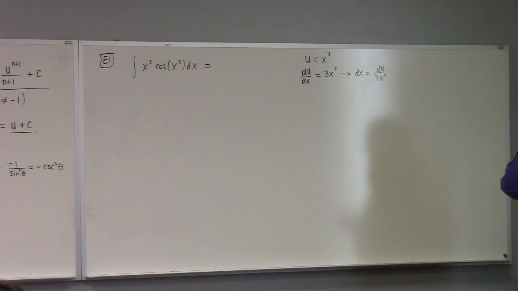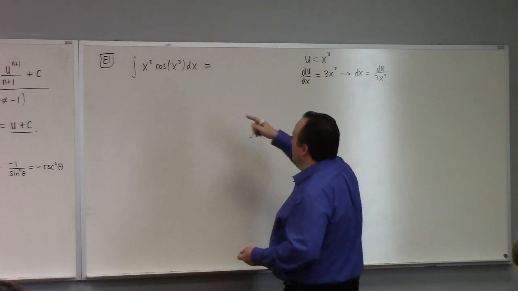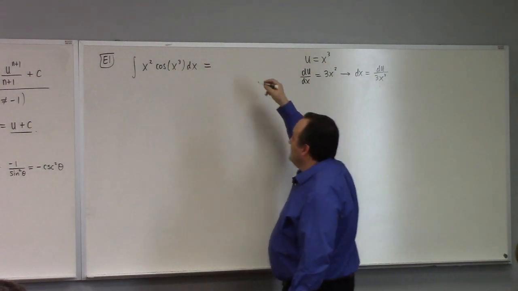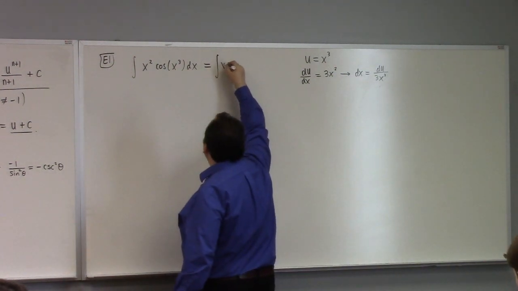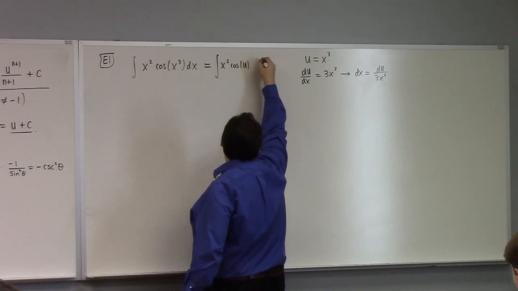A more sophisticated way of saying that is that there's a theorem which basically says you can treat du and dx like they're little bits of things, and you can cancel them like fractions, and it all works out. These things are in my notes, but we're just going to forge ahead and do it. So I'm literally going to trade this dx for a du over 3x squared. So I've got x squared, I've got my cosine of u, and I've got a du over 3x squared.